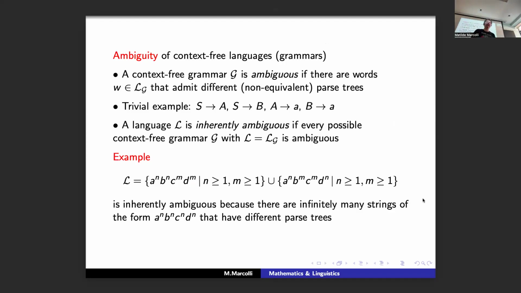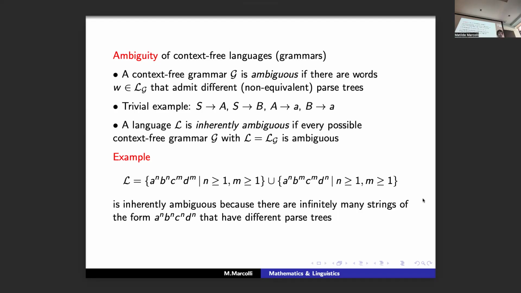This representation in terms of trees shows that there is very often an ambiguity in how you represent strings in terms of a particular context-free grammar, because you can have different parse trees for the same string. Of course there are trivial examples, but a somewhat less trivial example is a language that consists of two kinds of infinite recursions, where there is a large set that belongs to both of them.